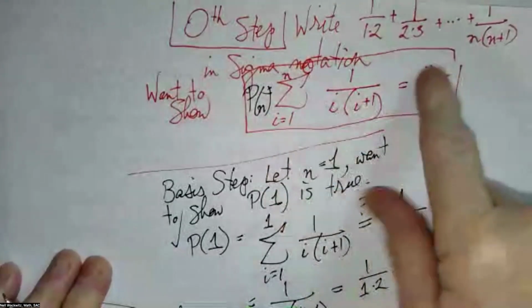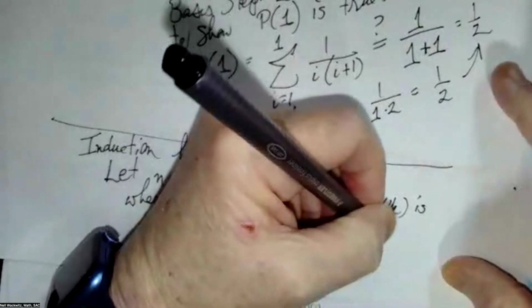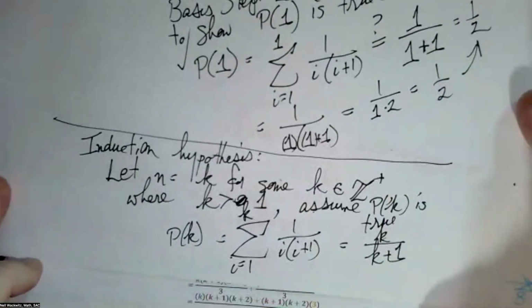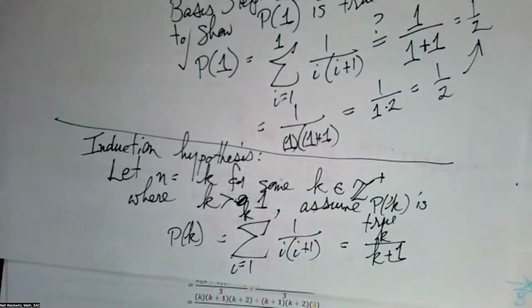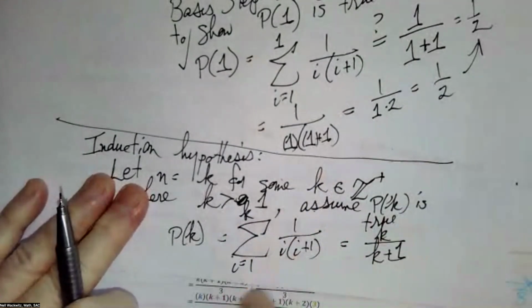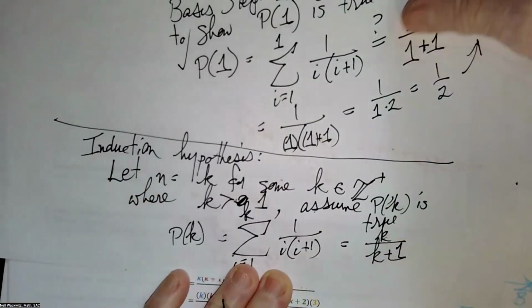And we are assuming that that sum is going to be k over k plus 1. Now we need to use this induction hypothesis to show the induction step.